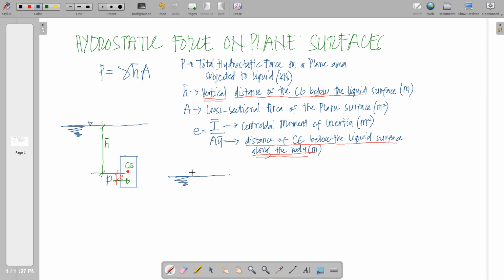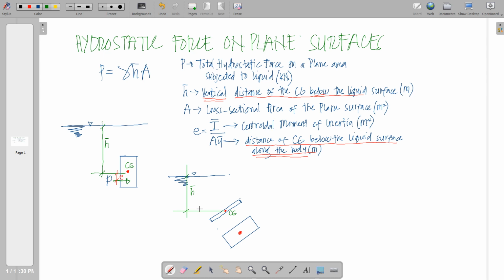If this will be our liquid surface, and then an inclined rectangle is submerged into this surface, just the same, it would have a center of gravity. Say this is the center of gravity, CG, and from that CG up to the liquid surface vertically, this is h̄. So the distance of the center of gravity up to the liquid surface on vertical is h̄.